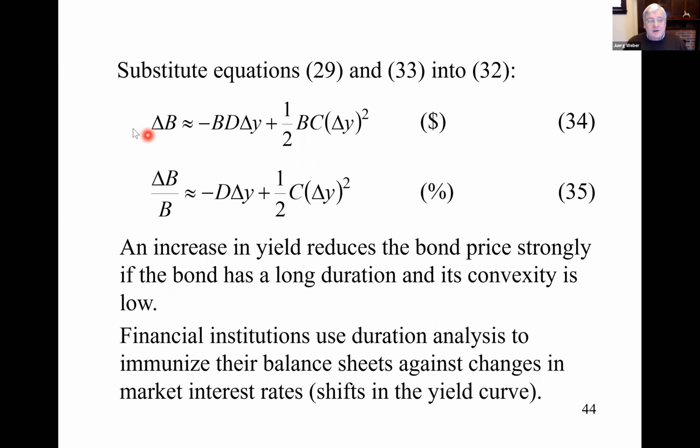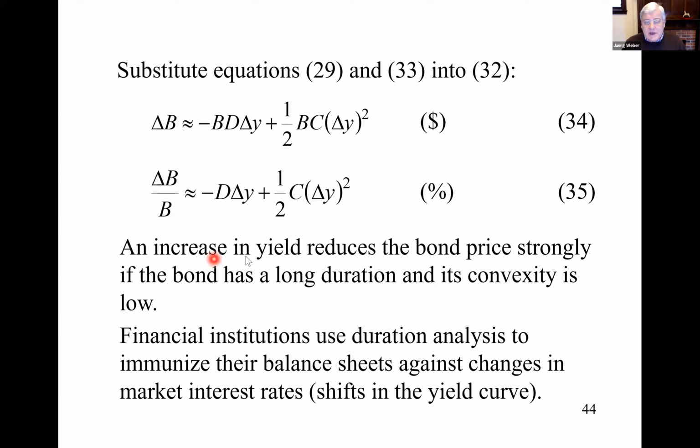And we get now here this approximation of the bond price, which involves a smaller error because it's based on second order Taylor series. And if you want to know it in percent, then again divide both sides by B, and then you get the percentage change in the bond price, and the B cancels out.